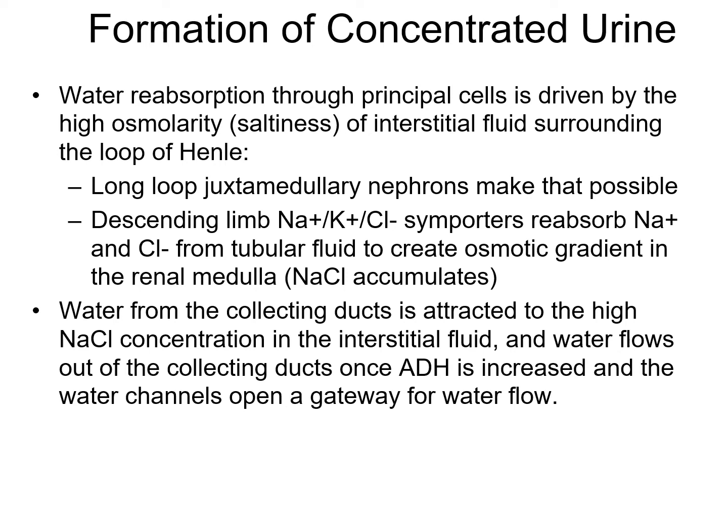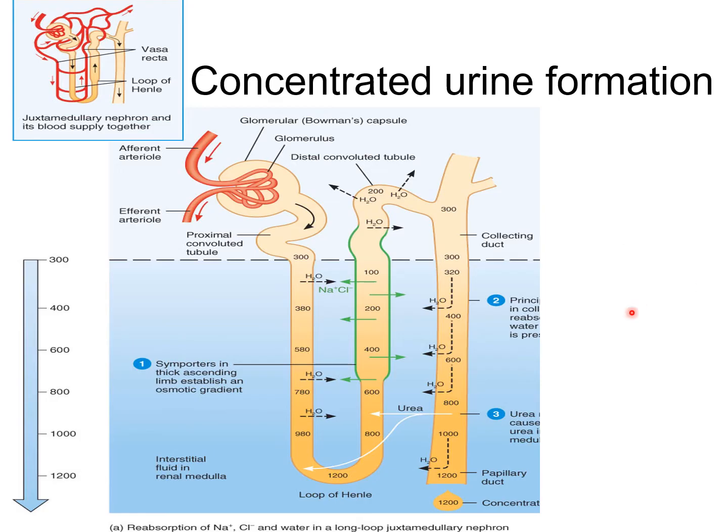How is this formed? Instead of going through this text, let me explain this and the others on the following image. So here's our nephron, and this is a process where those juxtaglomerular nephrons play an important role.